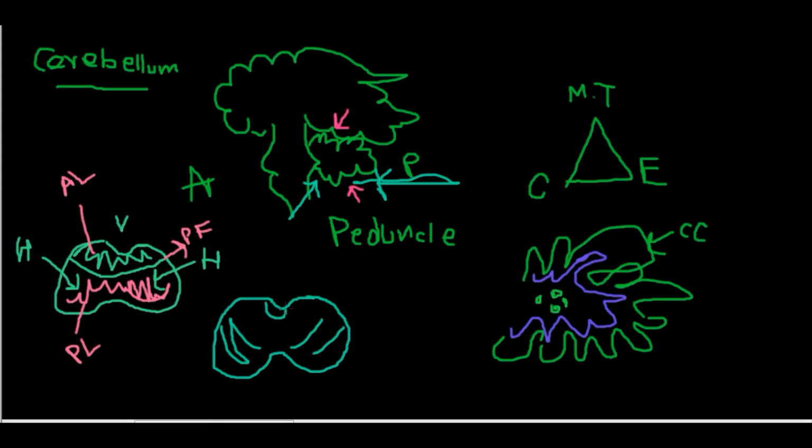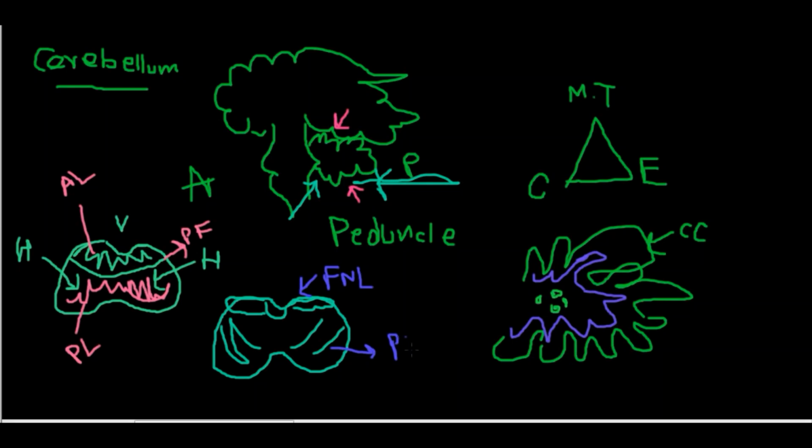The middle part is the nodule, and on either side are the floccules. This is the flocculonodular lobe, and this portion, which was the posterior lobe.